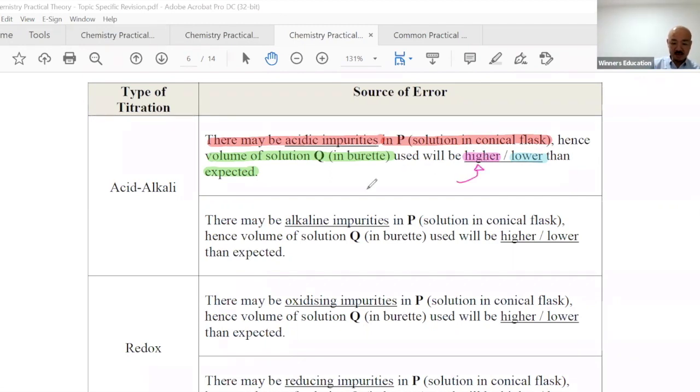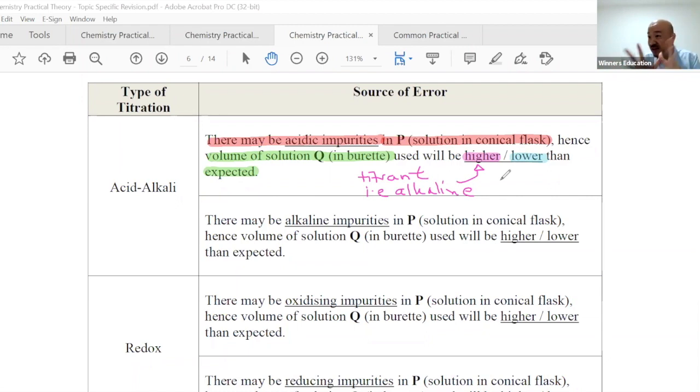So what do you mean by higher? Let me write this out. Burette is a titrant, remember titrant? So if the titrant is alkaline, let's just stop here, okay? Copy this in. Yeah, so burette reading is higher. So instead of say 25 cm3, like I do more calculation, it should be 25 cm3. But wow, it's 27, 28, 29 cm3.